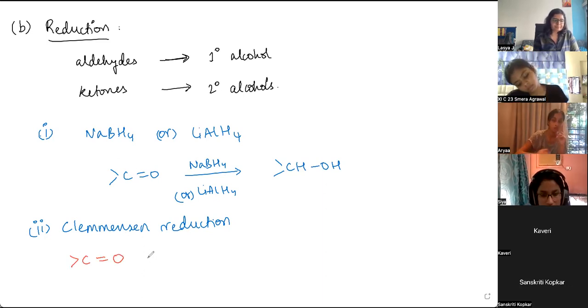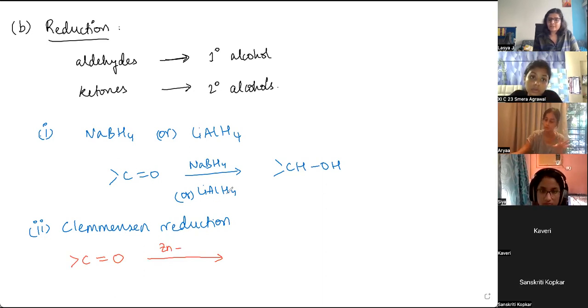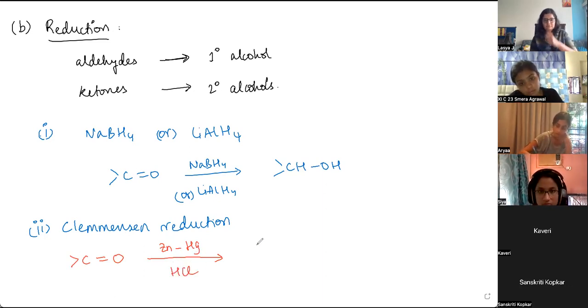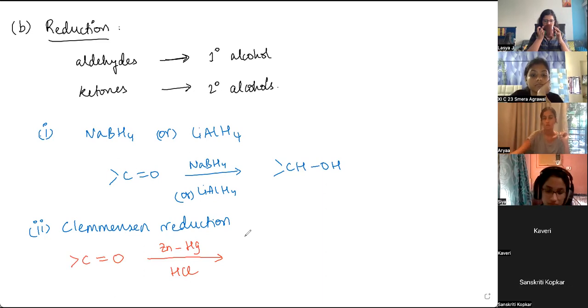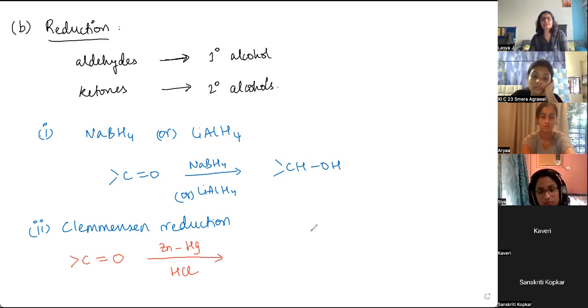C double bond O. Actually, the second part, we will treat as two different reactions.